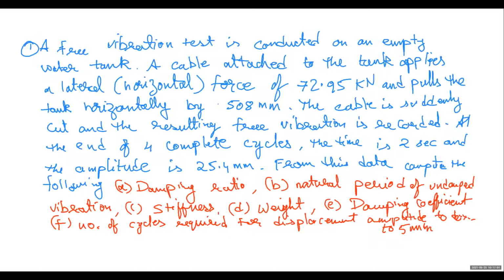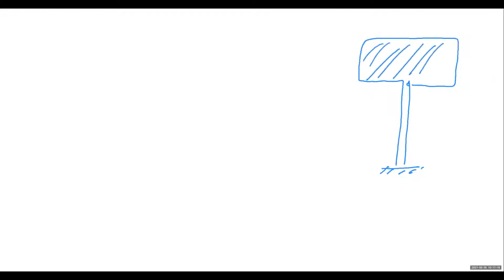So we will calculate all these parameters. The diagram for this one is a freely supported water tank. So this is the water tank, and it is supported here like this.